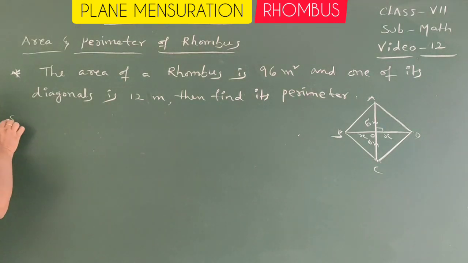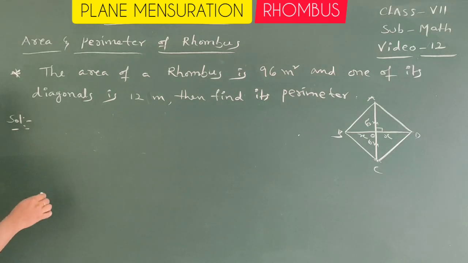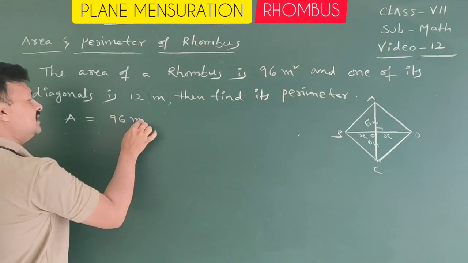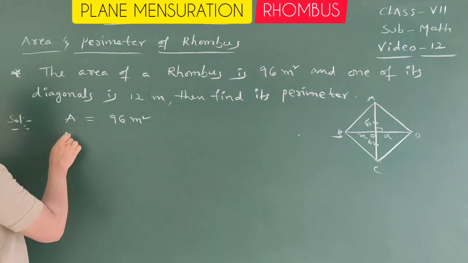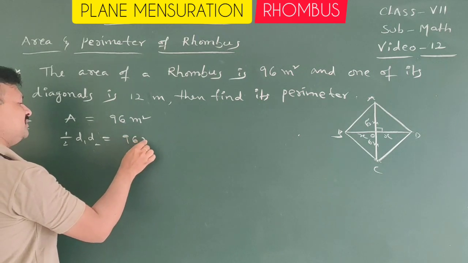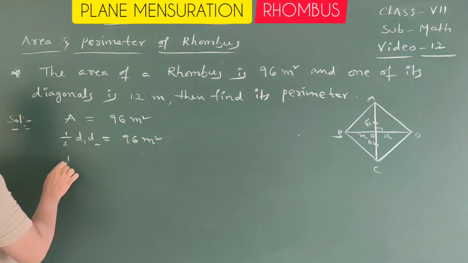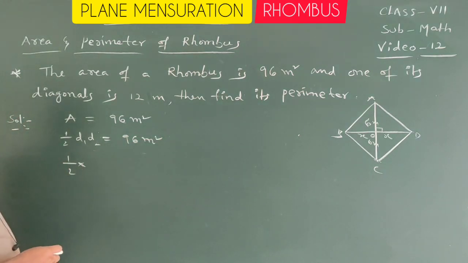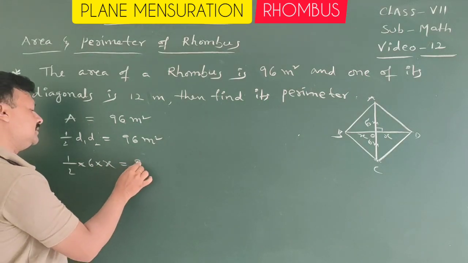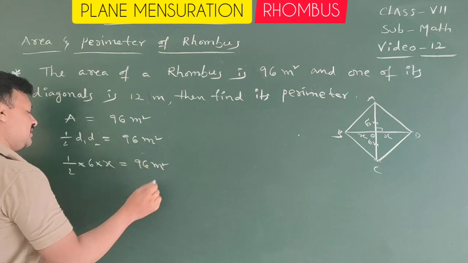So here area equals 96 meters square they give. Half d1 d2 equals 96 meters square. So half into d1 here 6, d2 x, that is 96 meters square.